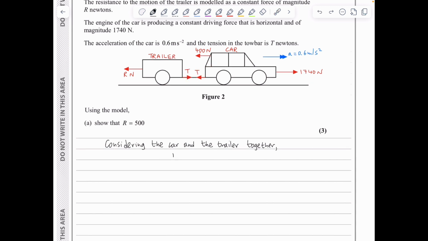So all in all, we're looking at 1740 minus the 400 plus R being equal to the total mass of 800 plus 600 times the acceleration of 0.6. So we've got 1740 minus 400 minus R being equal to 840, and therefore we've got 1340 minus R being equal to 840, which leads to R being equal to 500 as required.